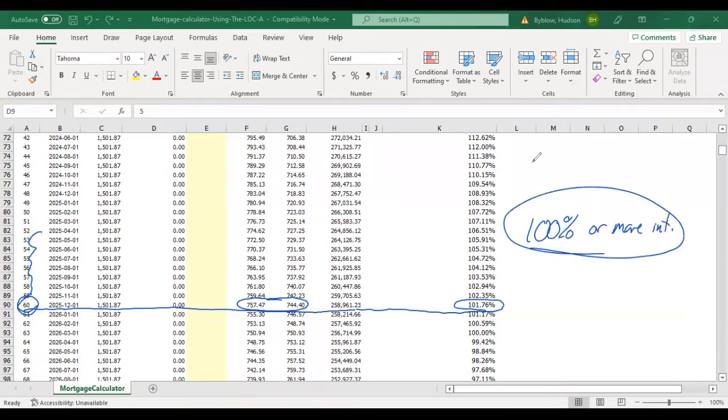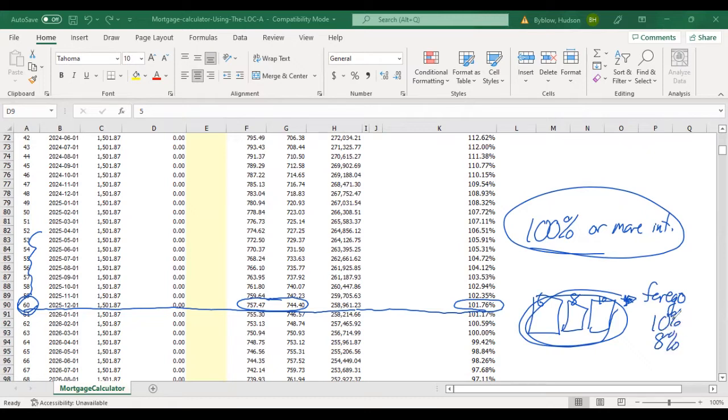Okay. So what that means for certain is that in your first 5 years of having a mortgage, if you had other investments doing well, even 6, 8, even 10%, you could sell those things off, forego 10% or 8% interest, and in place of that, save at least 100% interest.